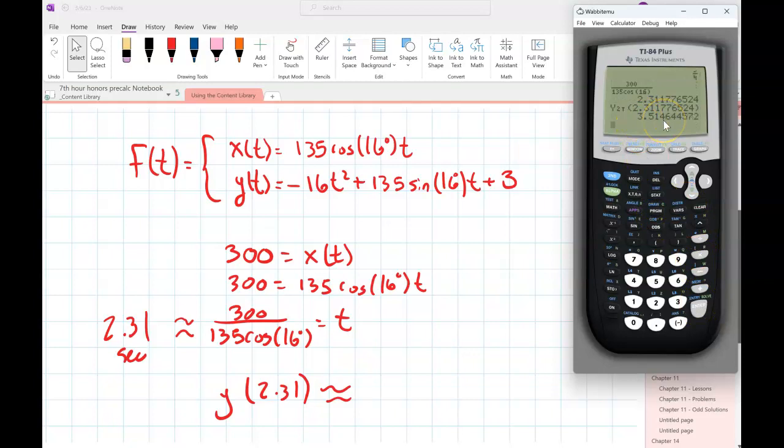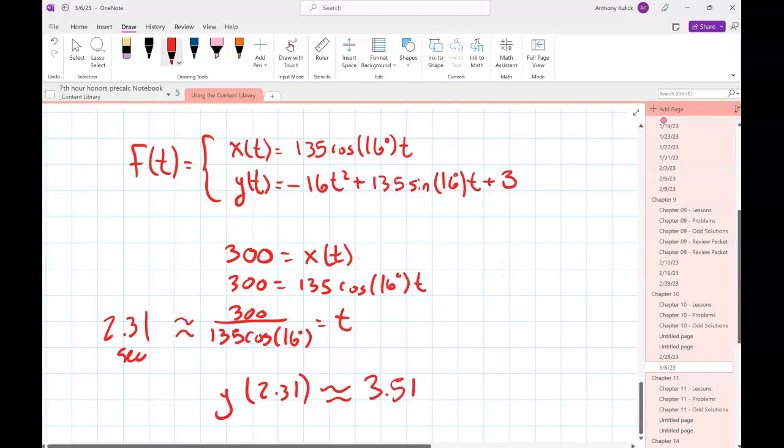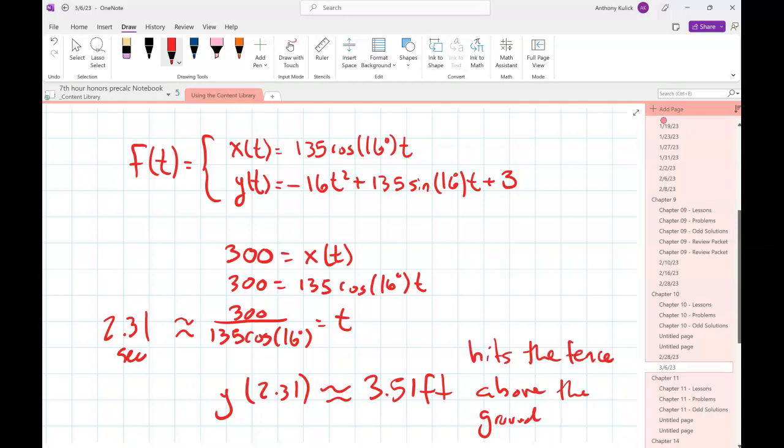I have 3.51 feet. So we hit the fence 3.51 feet above the ground.